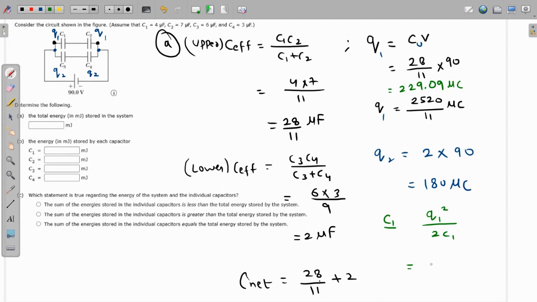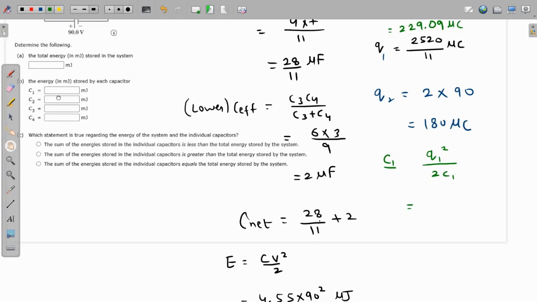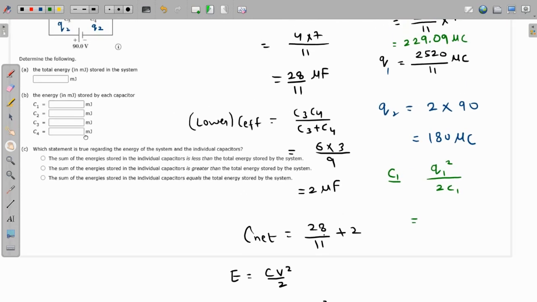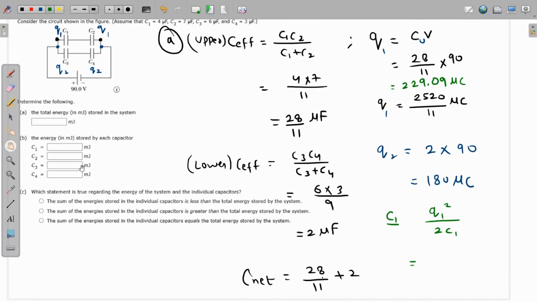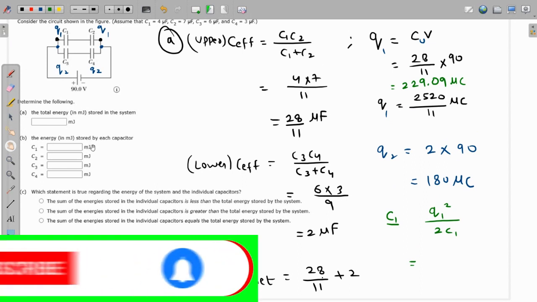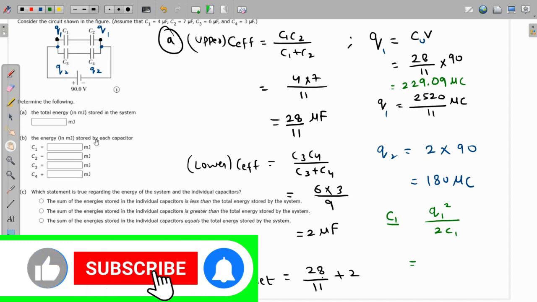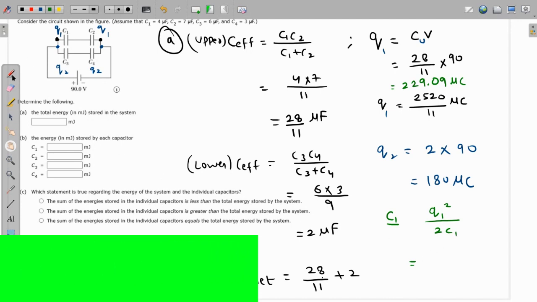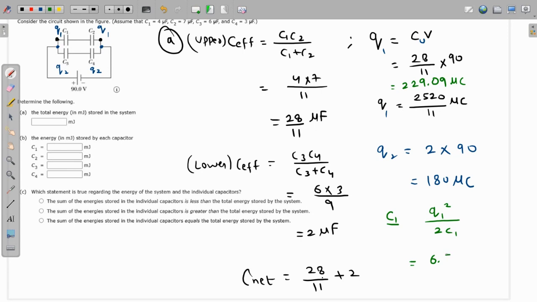Since we are interested in millijoules, we divide by 1000. The energy is Q square over 2C, where Q is in microcoulomb and C is in microfarad. So this value is coming as 6.56 millijoules. That is for C1.